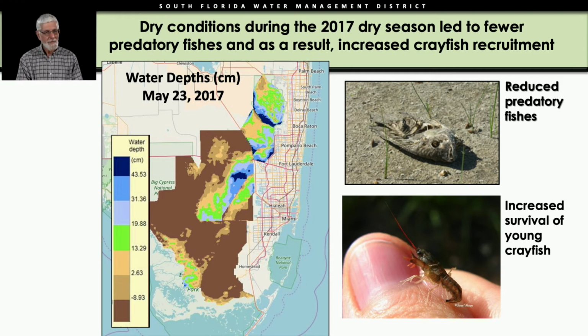These little guys are very tasty. But if the predator is hit by an extreme drought, the predatory fishes are decreased. It leaves the young crayfish to grow to be eaten by the wading birds. So what we're seeing in the image to the left is just how dry the park and Big Cypress and 3A got during the 2017 dry season.